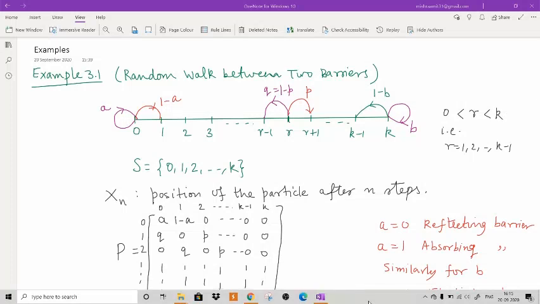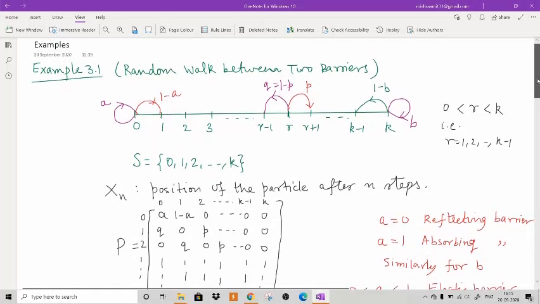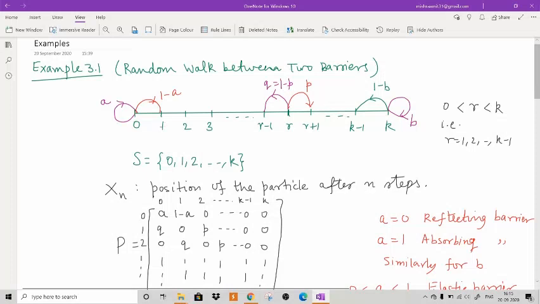Now we will see some examples of time homogeneous Markov chains. The first example is a random walk between two barriers. There is a particle, and this particle can move among these places. We call the states 0, 1 to k. What are the rules of movement? If it is between 1 and k minus 1, then it can move forward with probability p.